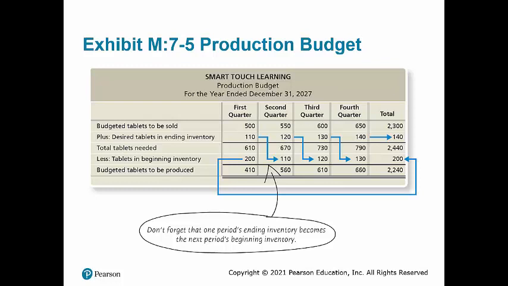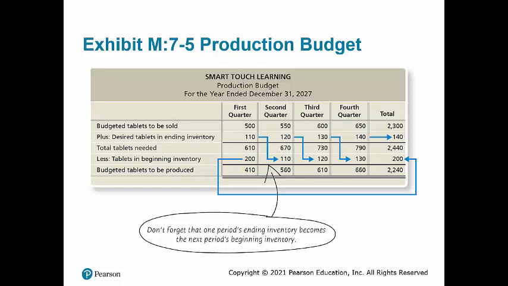The third quarter sales were 600. 20% of that is 120. For the third quarter, you use the fourth quarter. 20% of 650 is 130, and then if you remember, we calculated the 140 using the first quarter of 2028, which was 700, and 20% of that is 140.